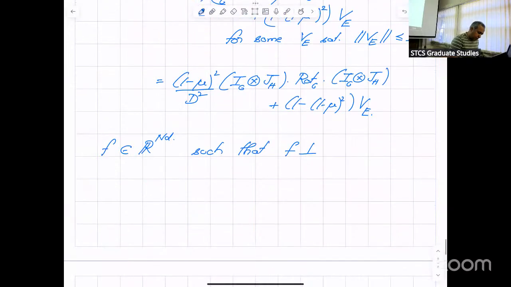F is orthogonal to the all ones vector, and I want to know how F's length changes in the process. Whatever that graph I G tensor J is, its vertex expansion shouldn't be less than the vertex expansion of G, because the more copies you have, it's only better.